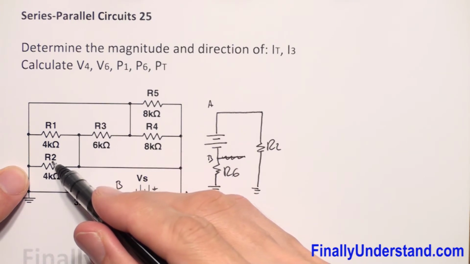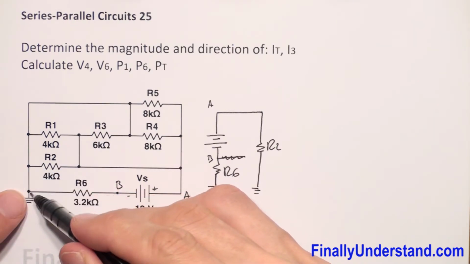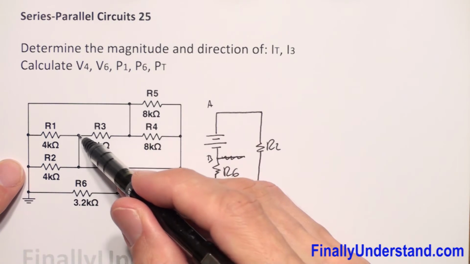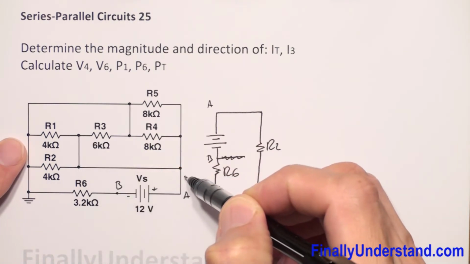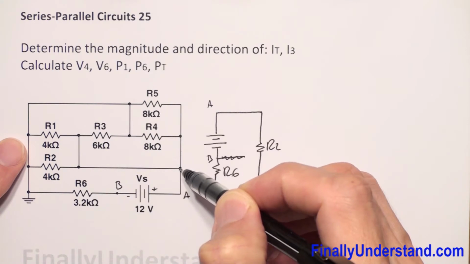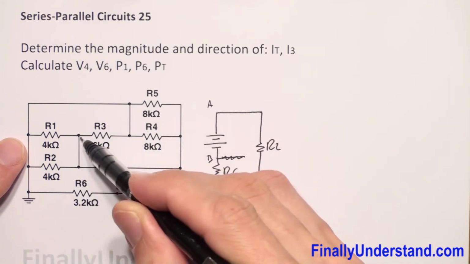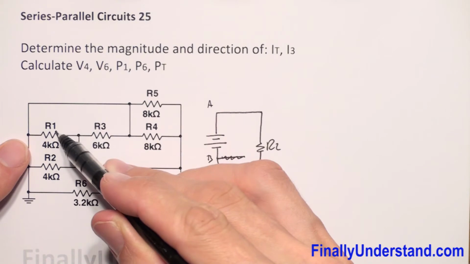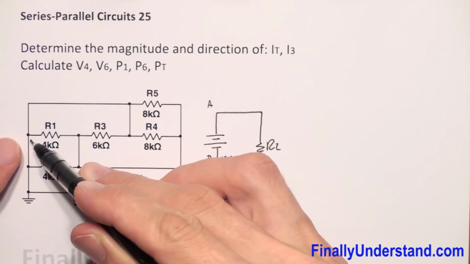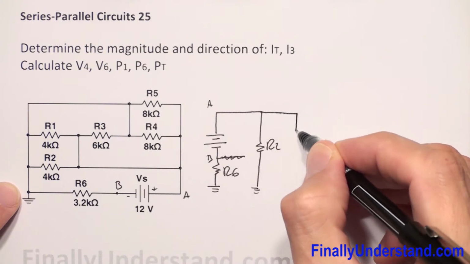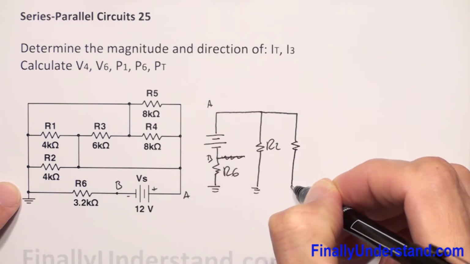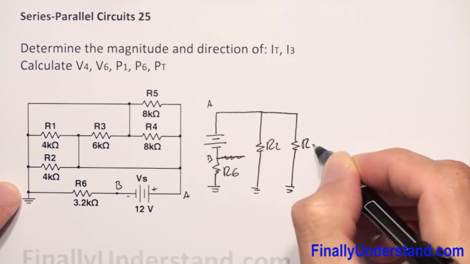And R2 is connected to the ground. Please notice that we have an extra connection over here. So it means that my terminal A is also connected with resistor R1, and resistor R1 is also connected to the ground. So I have resistor R1 over here, right?